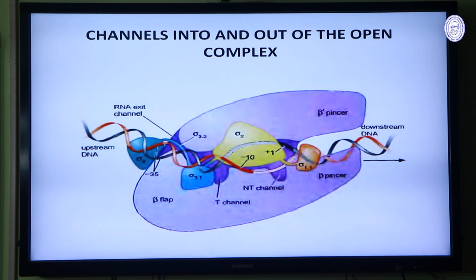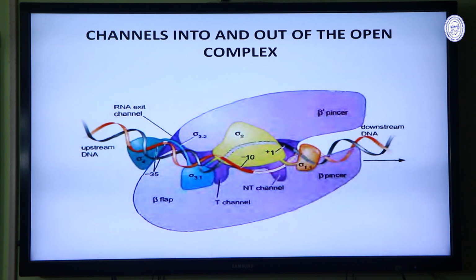Now, there are some channels present in the RNA polymerase that help the binding of the template strand or the non-template strand, then the binding of the ribonucleotides, and then favor the escape of the newly synthesized RNA chain from the RNA polymerase.